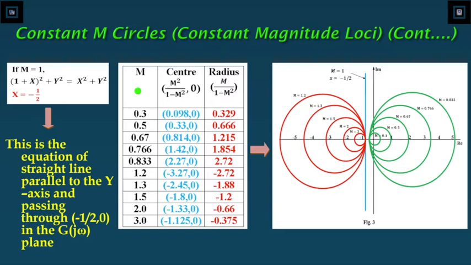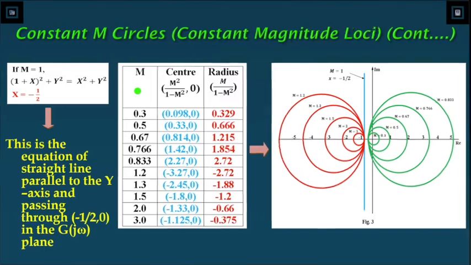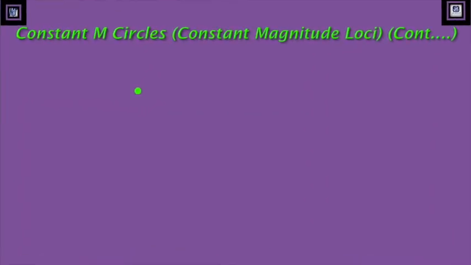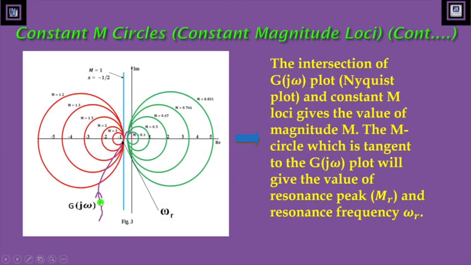Constant M circle does not depend on the G(s). If we draw a polar plot, that is the Nyquist plot, then the intersection of this G j omega and the constant M circle gives the value of magnitude M for different values of omega.